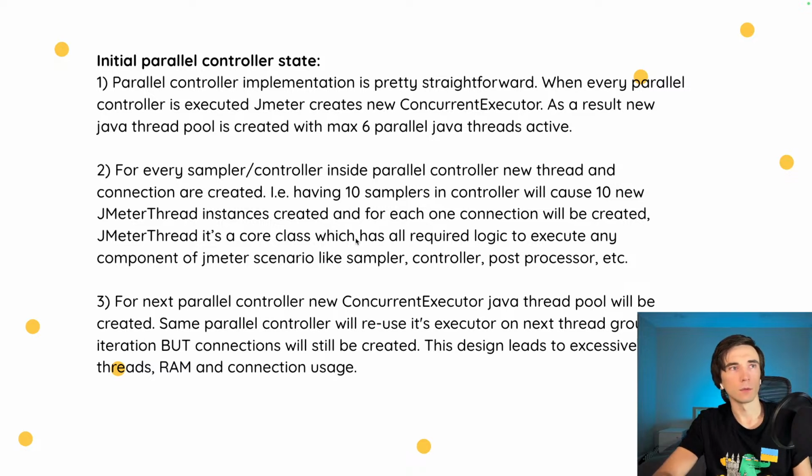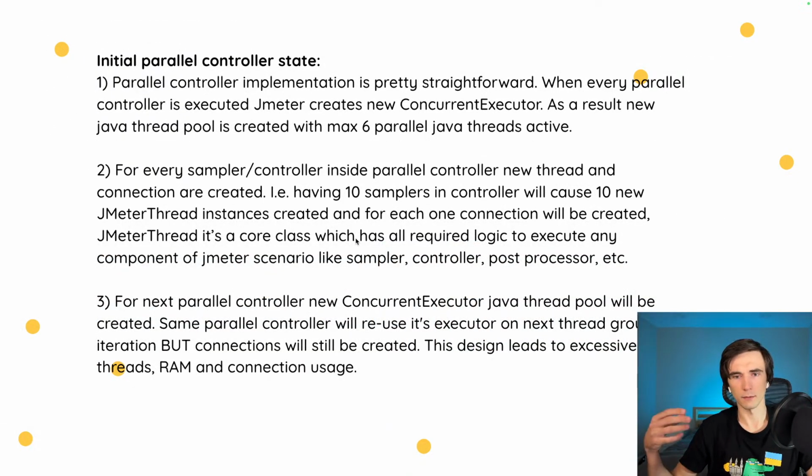So the initial state, like I already talked about some of this, let's just summarize. I also want to add as many details as possible. Even if right now it is not clear, you can check this recording several times and try to figure it out deeper and understand what is going on. First of all, the first point to keep in mind is that the implementation is pretty straightforward.